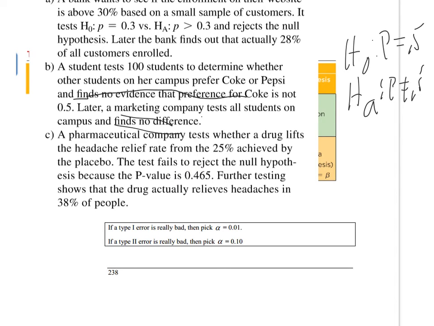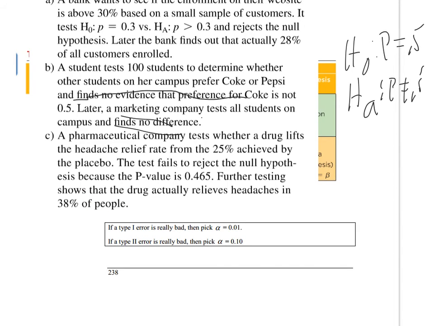With that larger p-value, the pharmaceutical company is not going to reject H0, right? And then further testing shows it actually does relieve headaches in 38% of the people compared to the 25%. So it looks like H0 was false here, because the drug does work better than the placebo.